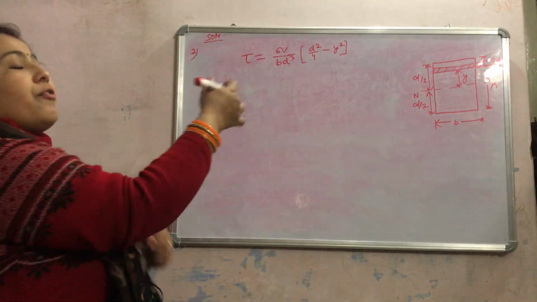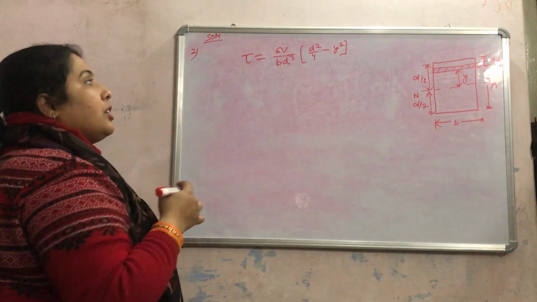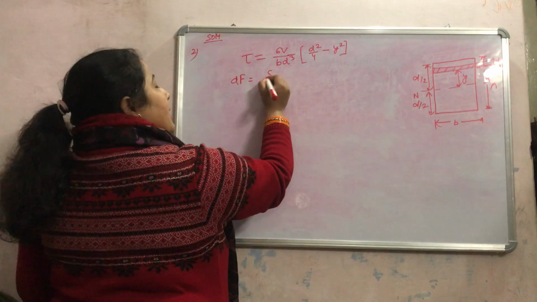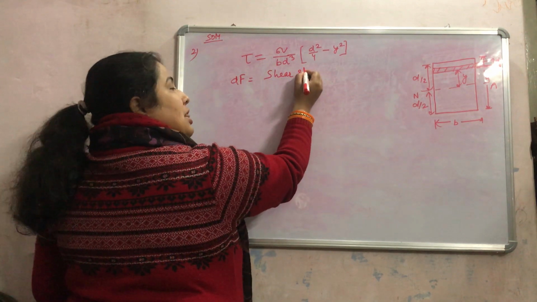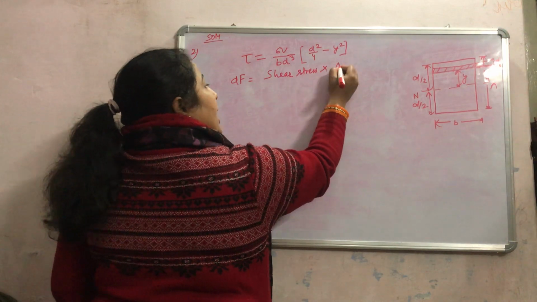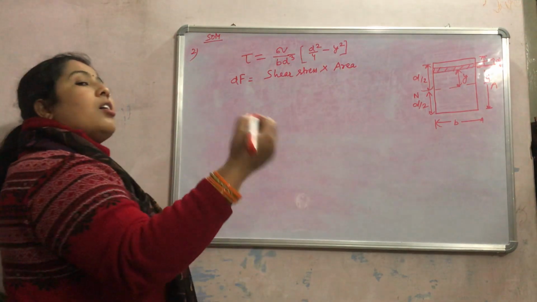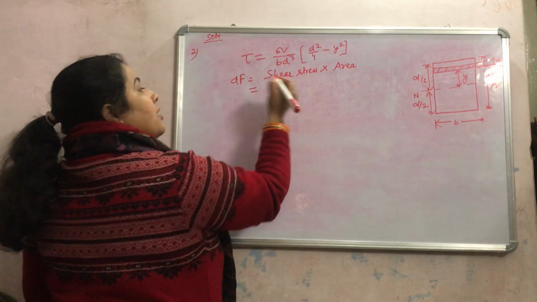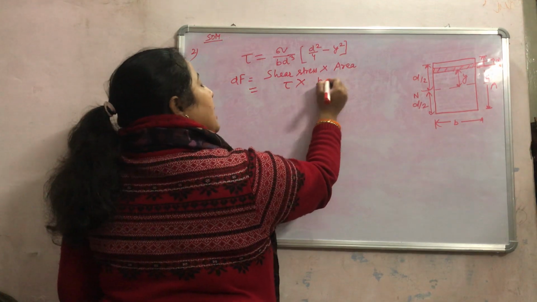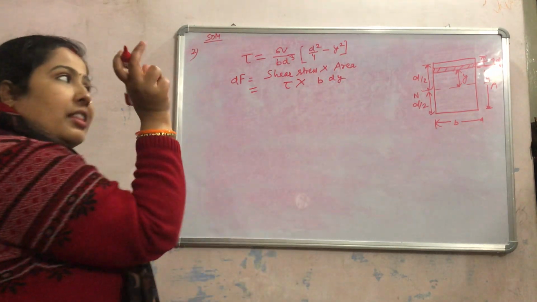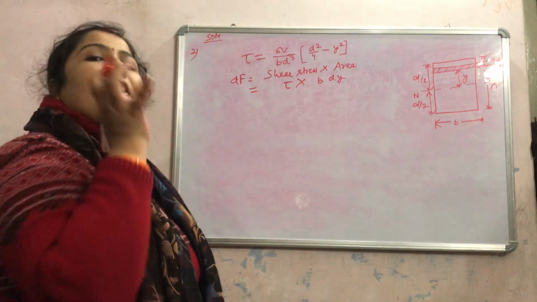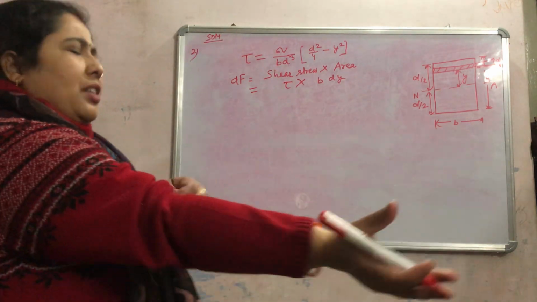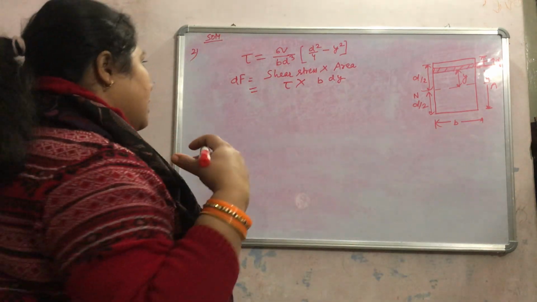Okay, now we find the shear force on this layer. So dF equal to shear stress on this layer into area of the layer or strip. The shear stress on this layer is tau, and the area is b into dy, because this layer is rectangular, so the area of the rectangle is length into breadth.